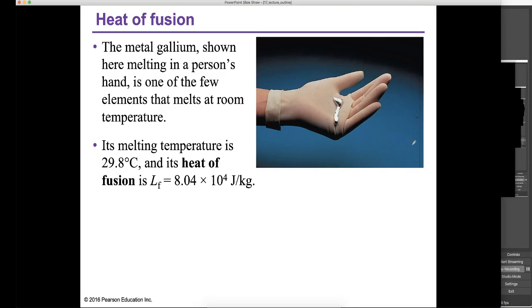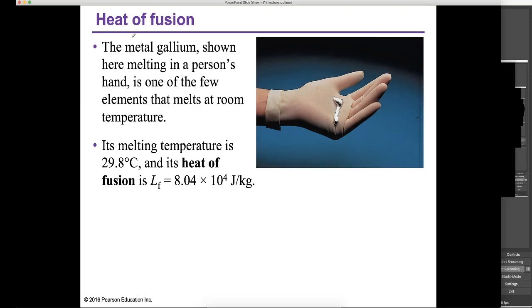Okay, so heat of fusion. When you heat up ice, it will melt. The similar thing happens to other materials. For example, if you heat up a metal to a high enough temperature, the metal will melt, or undergo fusion.